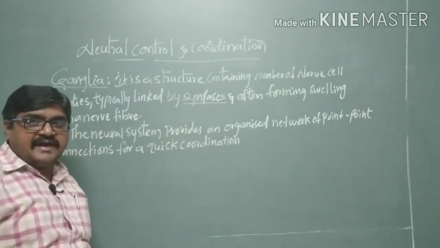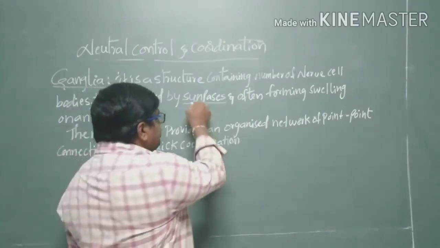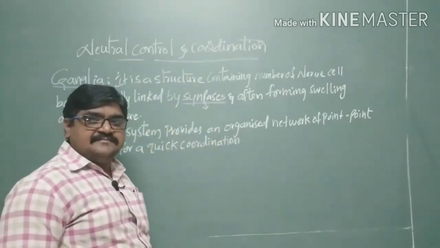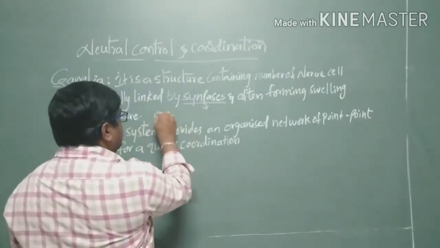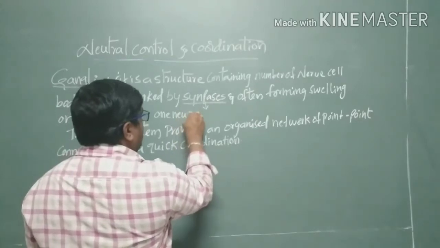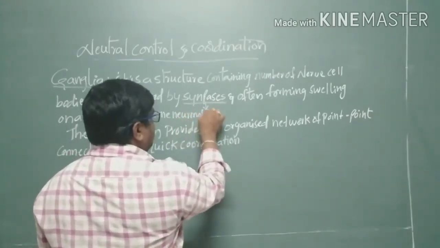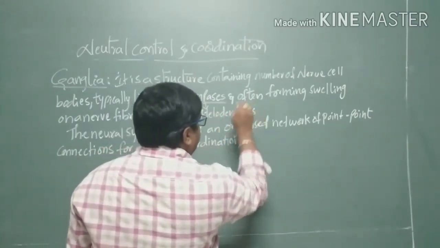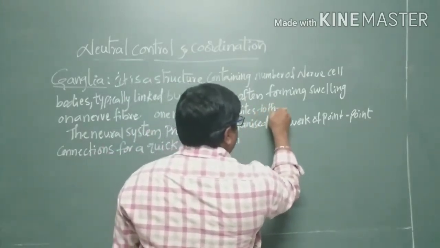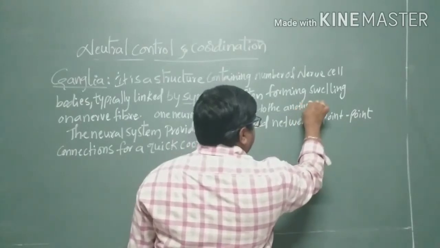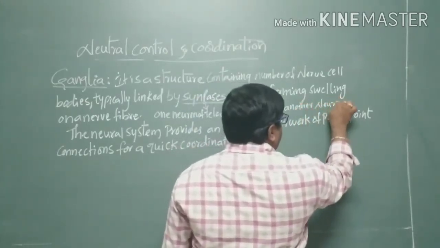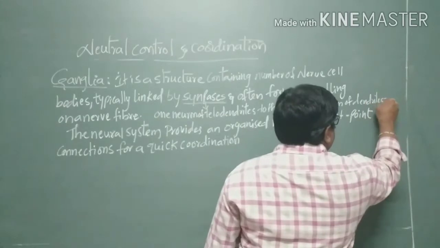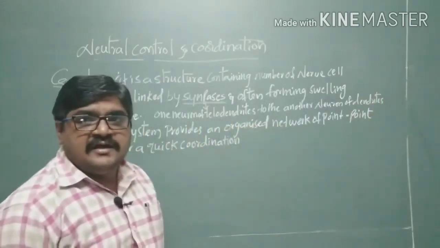So what is a synapse? When the telodendrites of one neuron connect to the dendrites of another neuron, it is called a synapse.